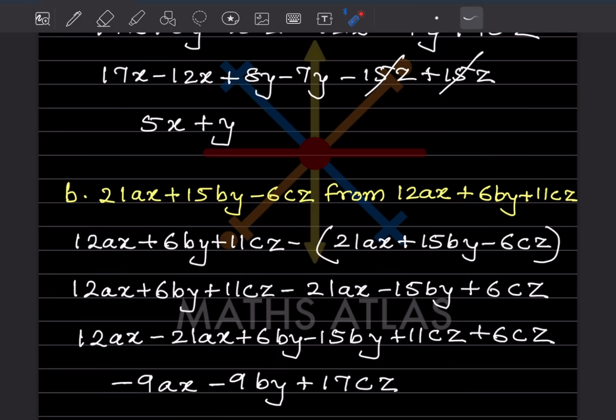Bring the like terms together, this and this together, this and this together, this and this together. Now 12 minus 21 is going to be minus 9ax, plus 6 minus 15 is going to be minus 9by, plus 11 plus 6 is going to be 17cz.